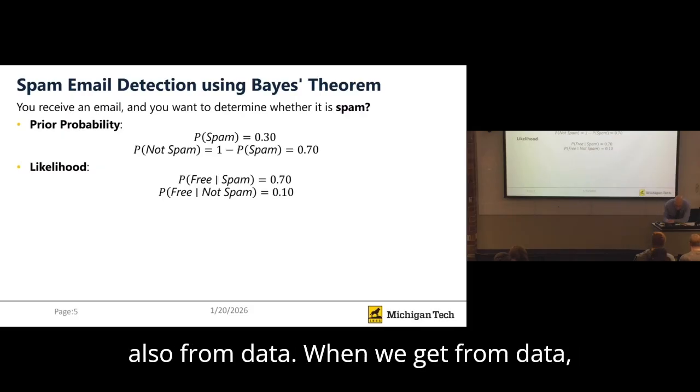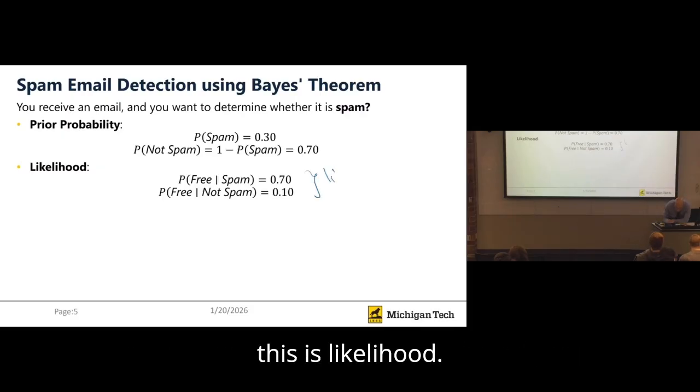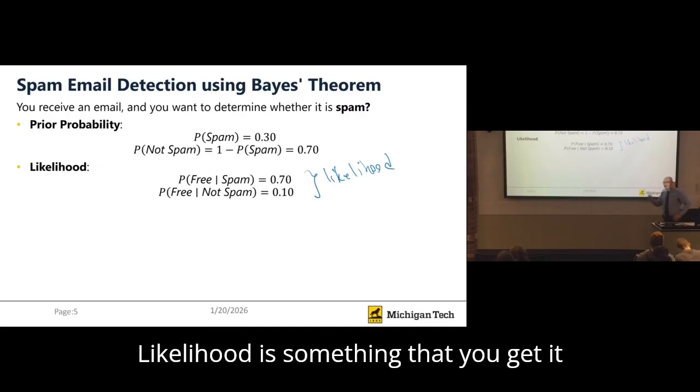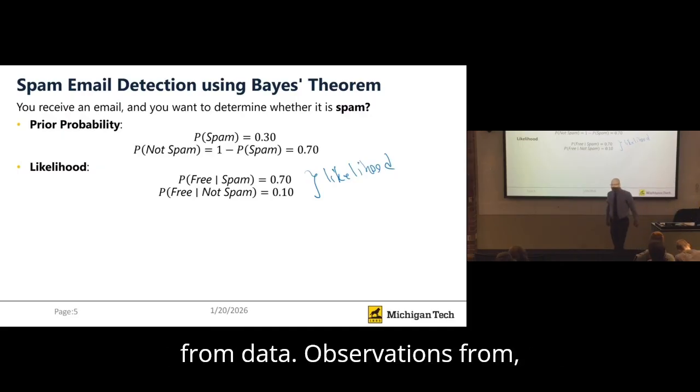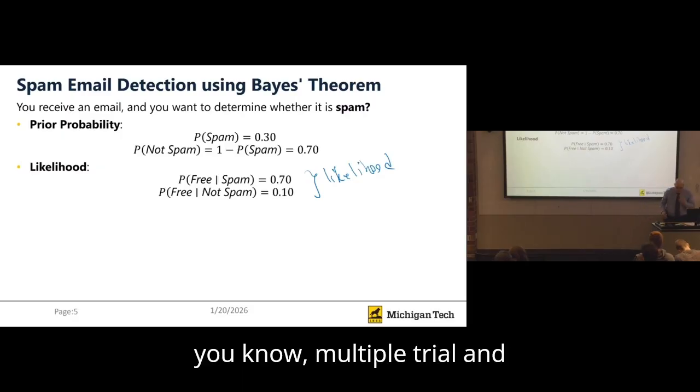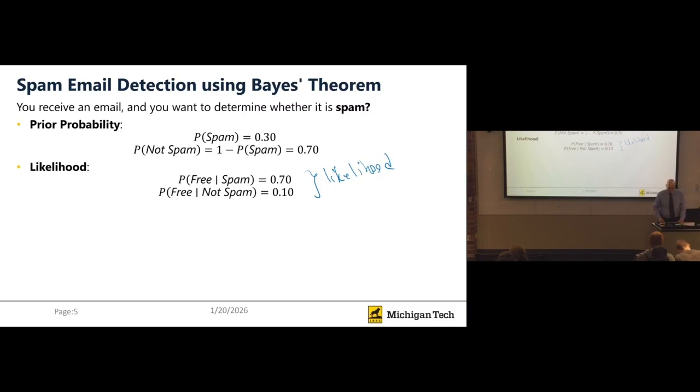When we get this from data, this is the likelihood. Likelihood is something that you get from data, observations from multiple trials, and you test it and see. That's it.